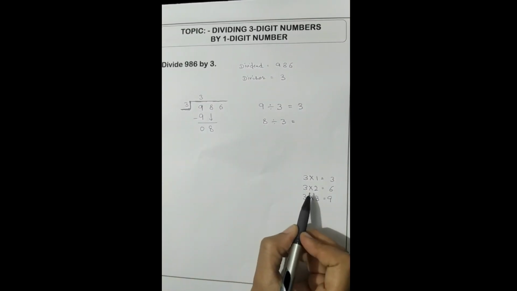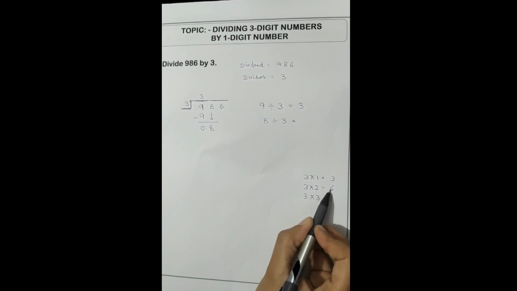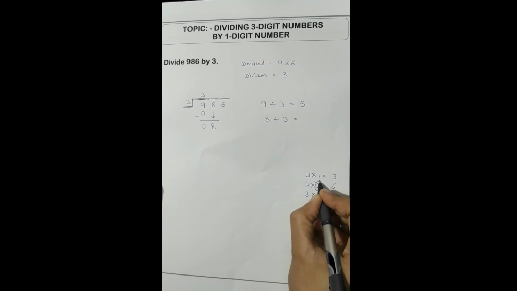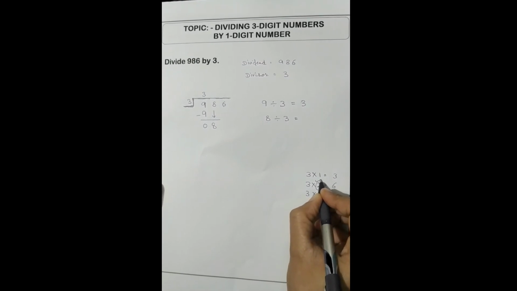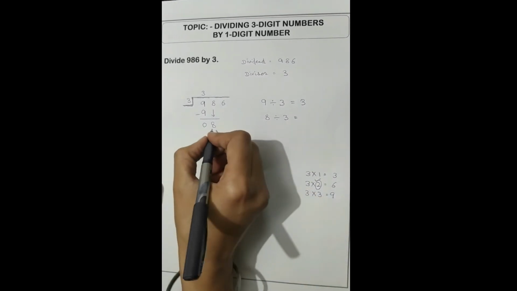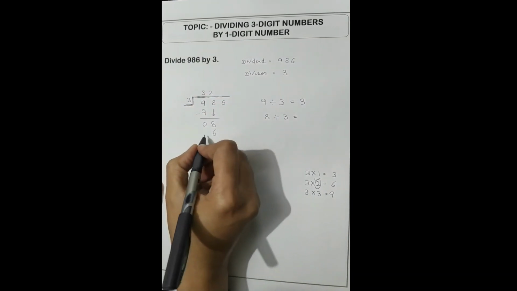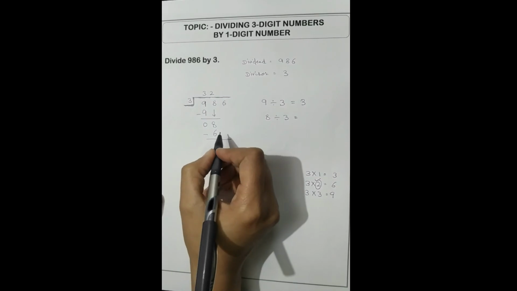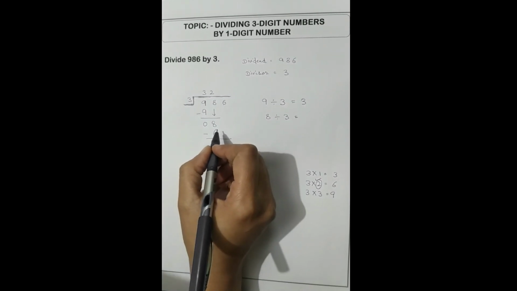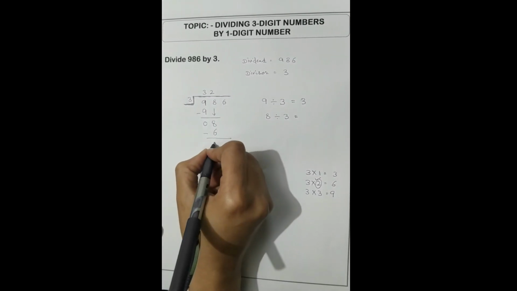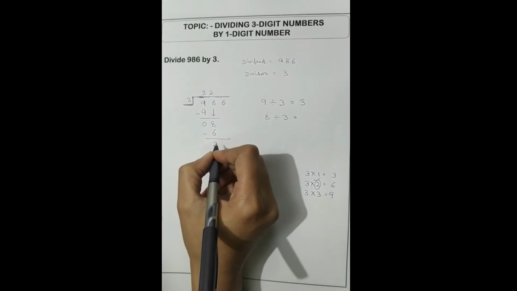So we take 3 multiply 2 equals 6. With this, 2 is the quotient here. 6 will come here. Now subtract 6 from 8. We get 2 as remainder.